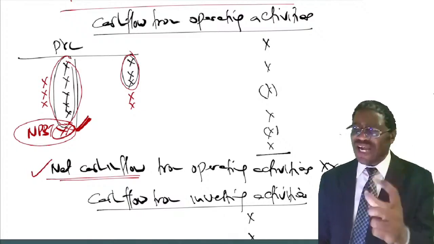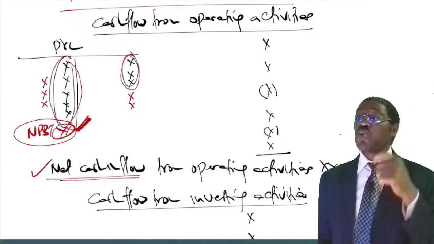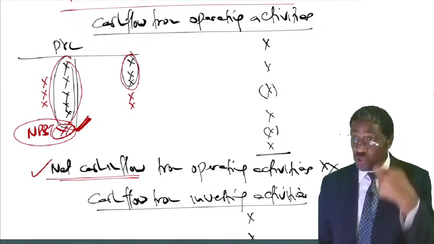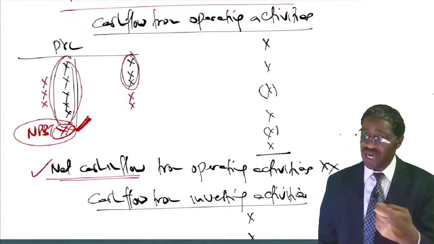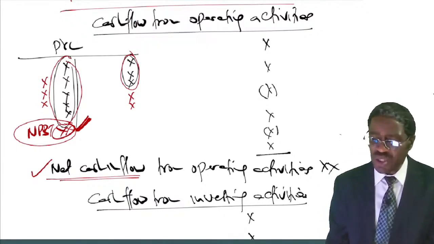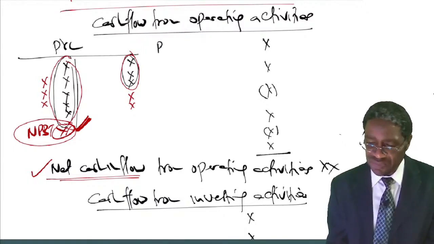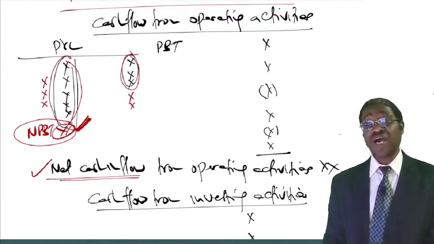So to determine it, you take whatever the question has given you as the net profit before tax. You can even call it profit before tax. You take it as per the question.